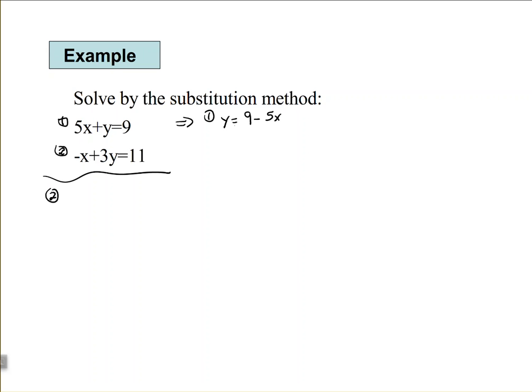Okay, so let's come down here and rewrite equation 2. Now, since I've solved equation 1 for y, I can replace the y in equation 2 with what it's equal to over here in equation 1. So I can replace y with 9 minus 5x.